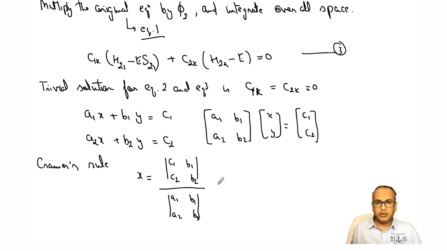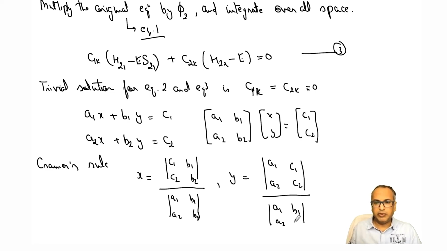This is how you can solve this equation. Similarly for y, substitute C1 C2 in this column. So you have A1 A2 C1 C2, and at the bottom the determinant A1 A2 B1 B2. Okay, this should be clear.